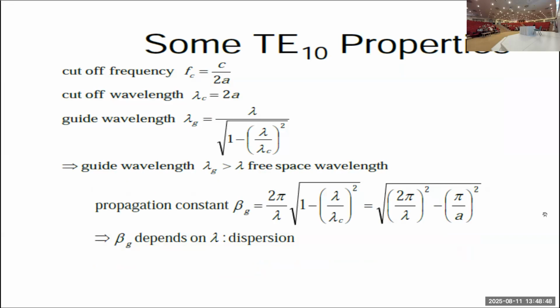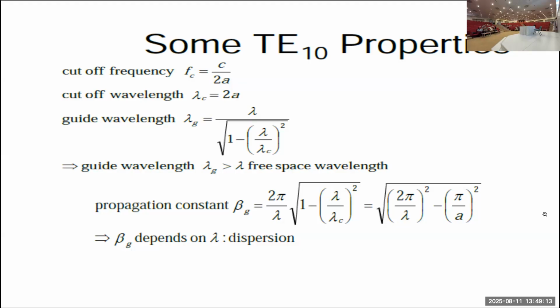Now, some properties of the transverse electric mode TE10, because it is the more efficient mode to propagate RF through waveguides. Its cutoff frequency is defined by c by 2a, and its cutoff wavelength, which we have already discussed, is equivalent to 2a.